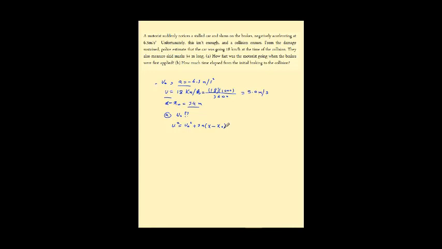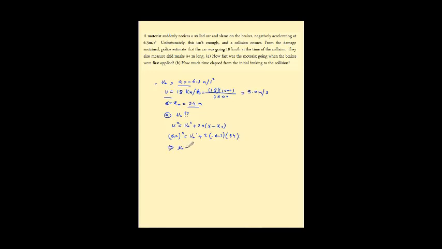We need to find v0, so we substitute 5.0 squared equals v0 squared plus 2 times minus 6.3 times 34.